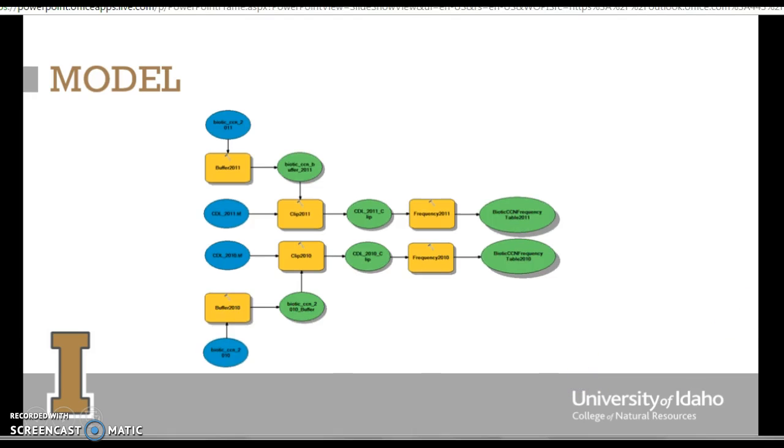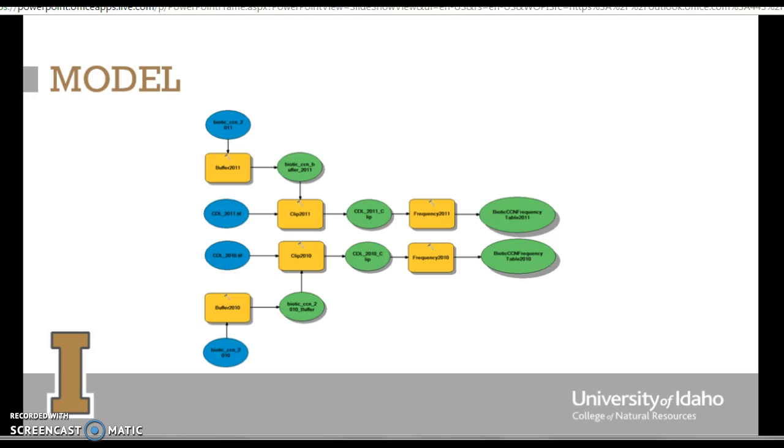This is a model of how I got my data. I took the biotic cereal cyst nematode point data and created a 200-meter buffer around them, and that's what the first green circle is.